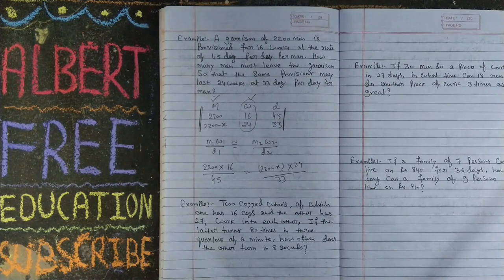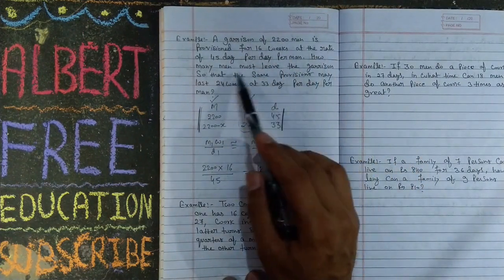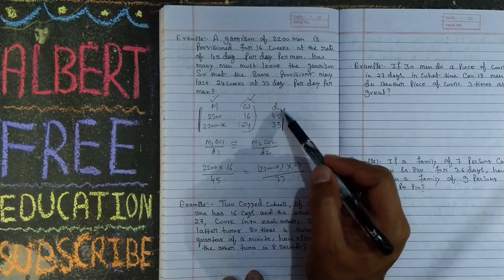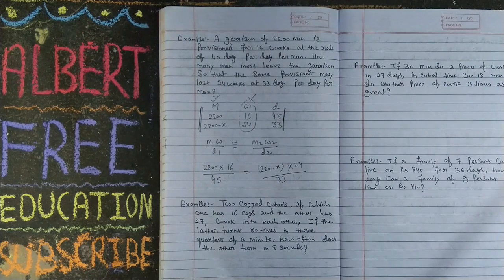Because this is the dag, the 33 dag, that is also a value, like the number of weeks. So 2200 into 45 upon 16 is equal to 2200 minus X into 33 upon 24.